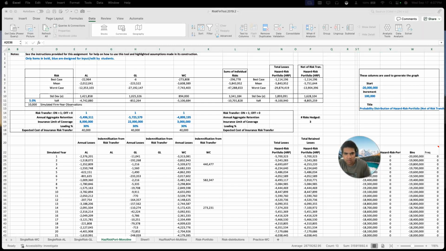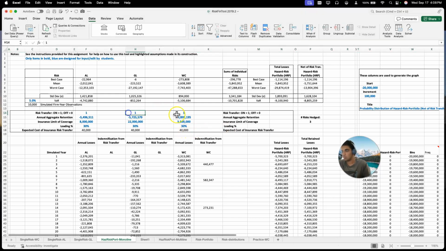And let's look at 3.1. If you look at the reduction in standard deviation, all you got to do for standard deviation reduction is you could see that there's auto liability, general liability, and workers' comp. Since we're looking for workers' comp, we turn off these two, and you can see that there is a difference between these two, and that'll be for workers' comp.